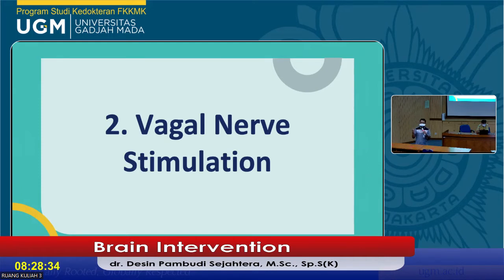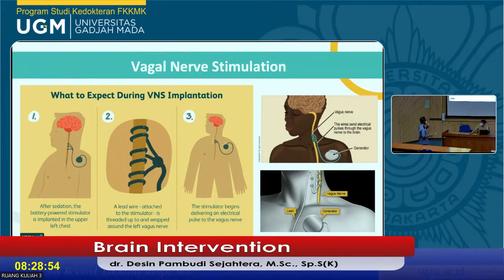It is a short surgery, I think only half an hour to 1 hour. So the surgeon makes an incision on the patient's neck and puts the generator under the skin, or subcutaneous. Next, Mas.